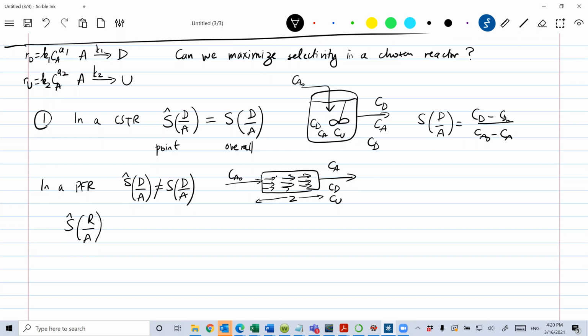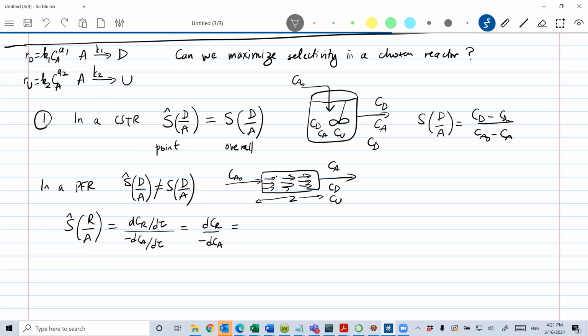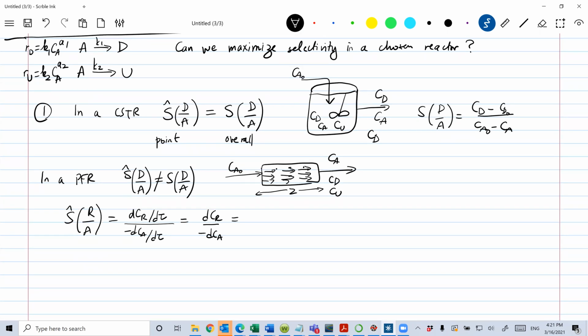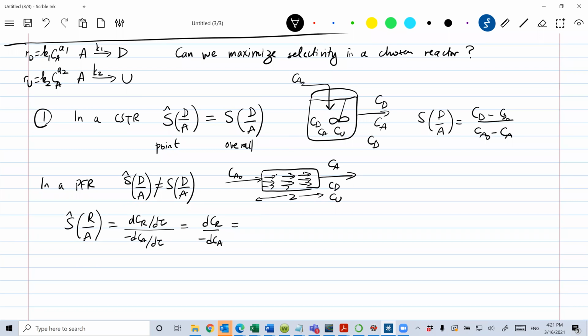So the selectivity of D with respect to A is the same as the rate dCD/d tau over minus dCA/d tau, which is basically dCD over minus dCA, right? And that removes time from your analysis. This is what you would call a time-independent analysis. Actually, that's in the book. That's what they call it, but they just give it a name. So you've removed time or space-time from your analysis. So this is reactor volume independent because there's no space-time term.